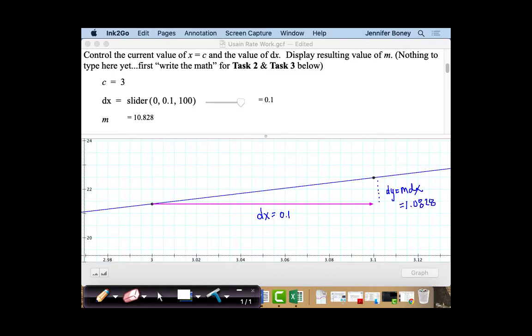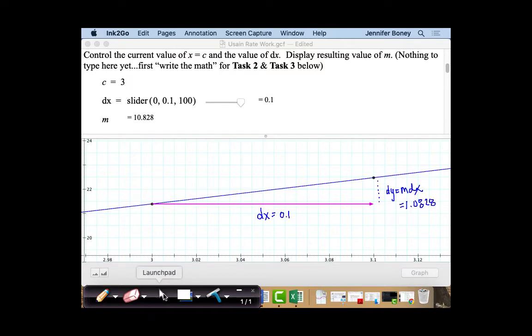Easy enough to multiply by 0.1. That would be meters. So this is saying in this tenth of a second, he went just over 1 meter, which if you think about that, that's incredibly fast. But in any case, 10.828 meters per second is the speed here.